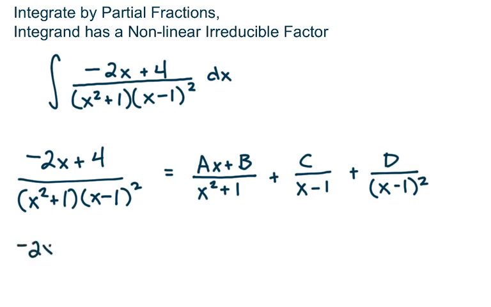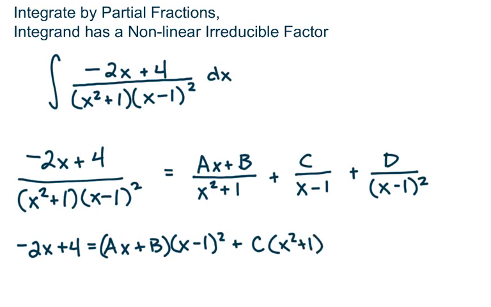We are left with 2x plus 4 equals (Ax plus B) multiplied by (x minus 1) squared, plus C times (x squared plus 1)(x minus 1), plus D times (x squared plus 1). So multiplying by the LCD to clear the fractions gives us this expression.